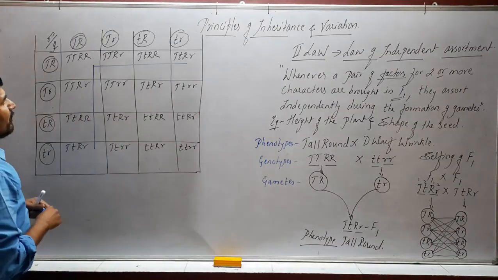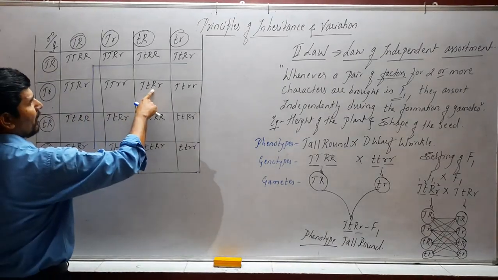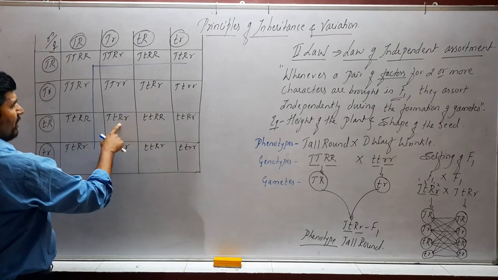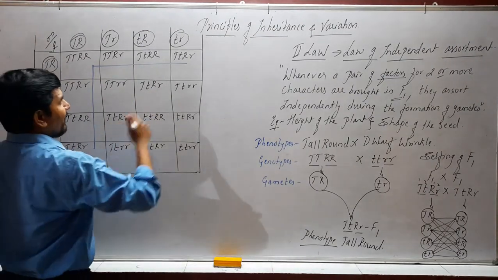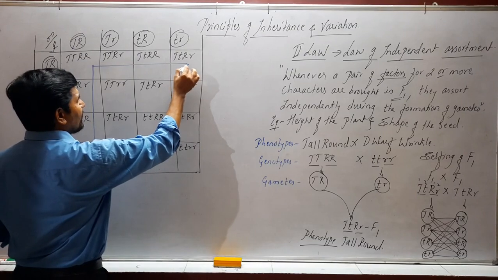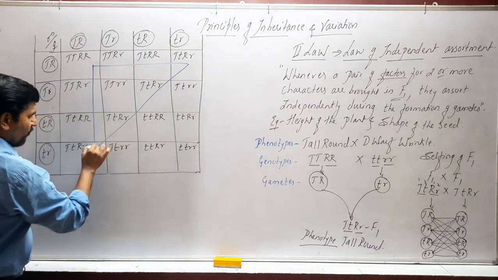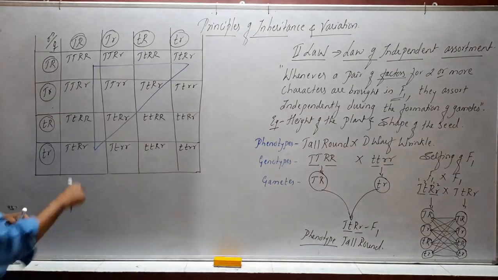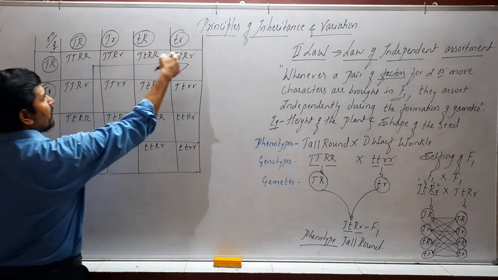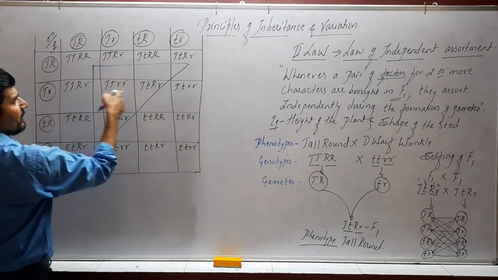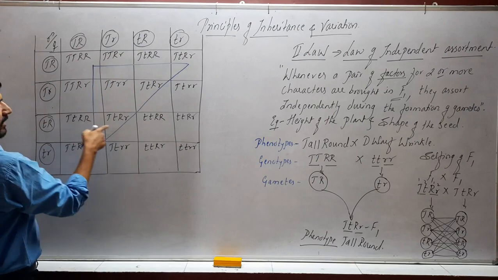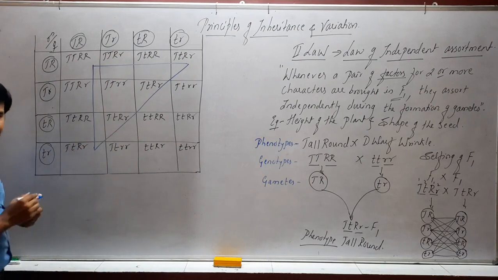Then next one, look at this. This is one tall and round. This is one tall and round, and it forms a triangle. If we check like this, it forms a triangle. Look at this. So how many? 1, 2, 3, 4, 5, 6, 7, 8, and 9.